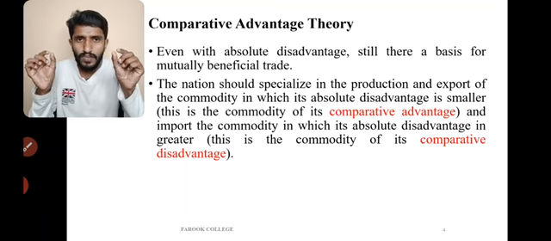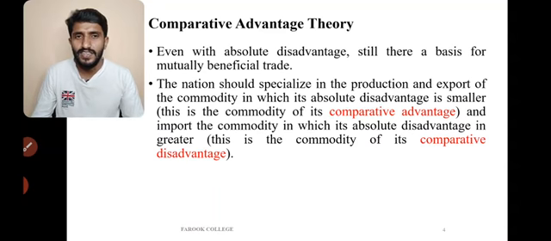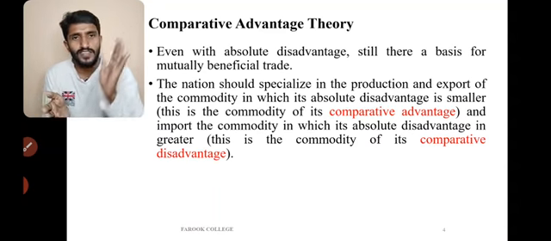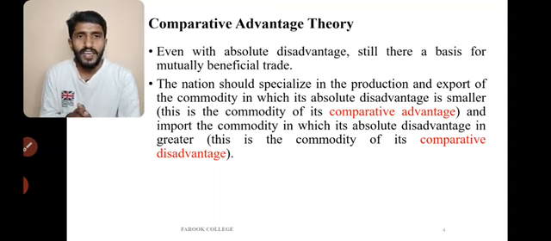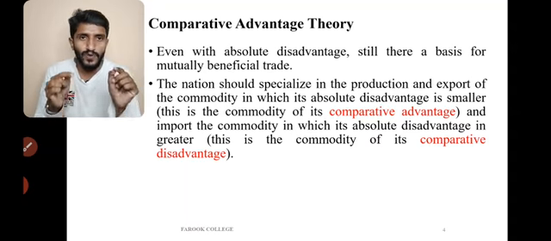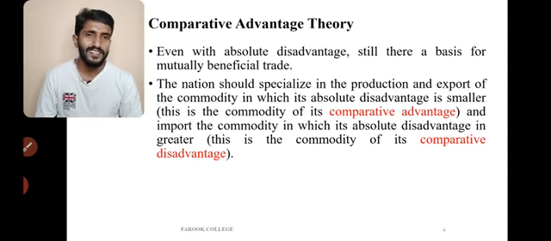So if a country has a comparative advantage in producing one commodity, they should specialize in the production and they should export it. And if they have a comparative disadvantage in producing one commodity, they should import that product. This is a very simple idea.